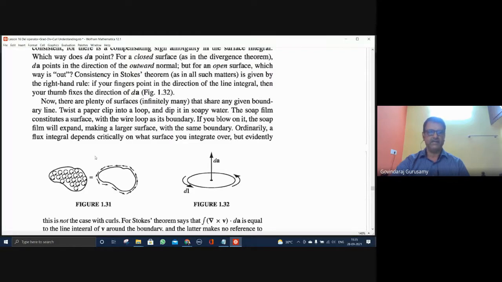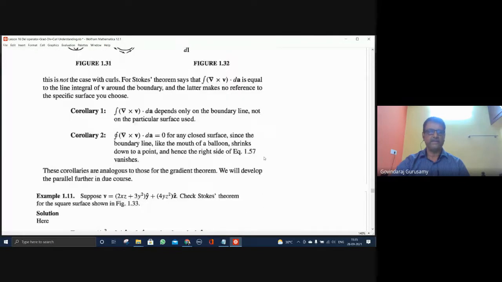Ordinarily, a flux integral depends critically on what surface you integrate over, but this is not the case with the curl. Stokes' theorem says that the integral of del cross V dot dA is equal to the line integral of V around the boundary. The latter makes no reference to the specific surface you choose.